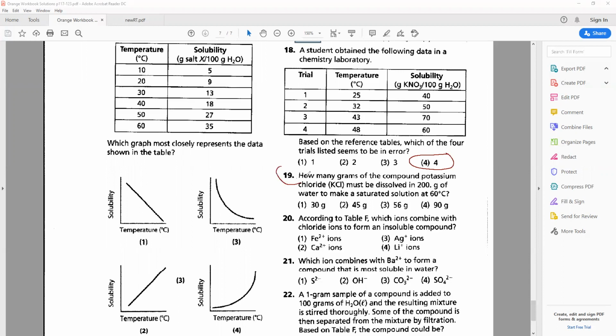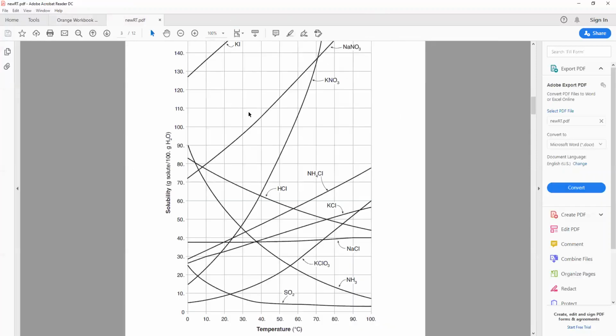Number 19, how many grams of the compound potassium chloride must be dissolved in 200 grams of water to make a saturated solution at 60 degrees Celsius? So again, we're going to go to KCl. Let's draw this. Let's find the curve for KCl. There's my curve.